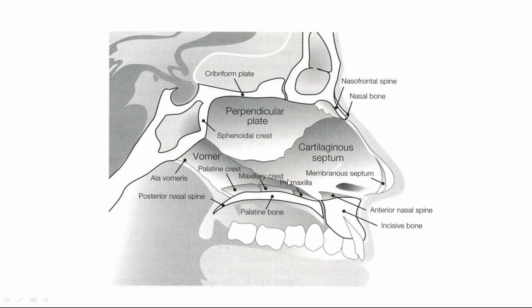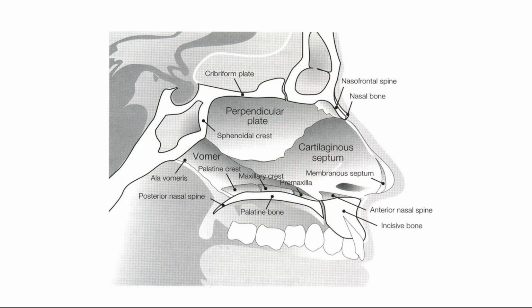Now you can see the septum is divided into four parts: the columnar septum, membranous septum, cartilaginous septum, and bony septum. The columnar septum is formed by the medial crura of lower lateral cartilages. The membranous septum only has the skin lining, and then you have the septum proper, comprising the cartilaginous part and the bony part.